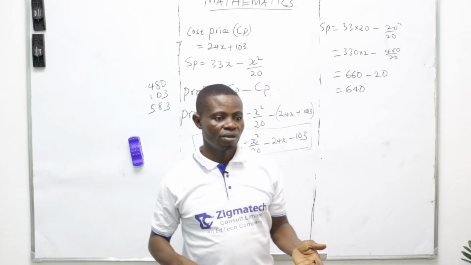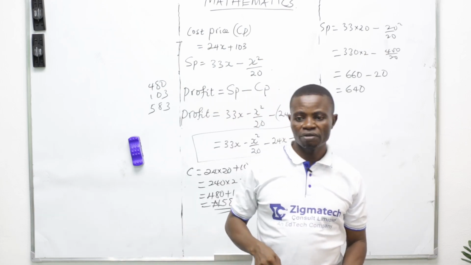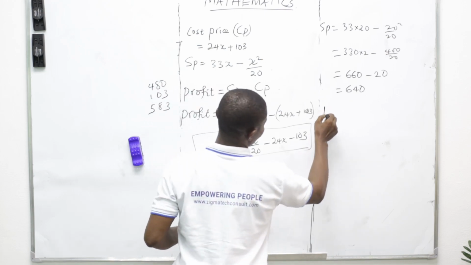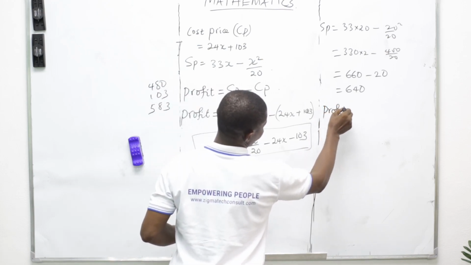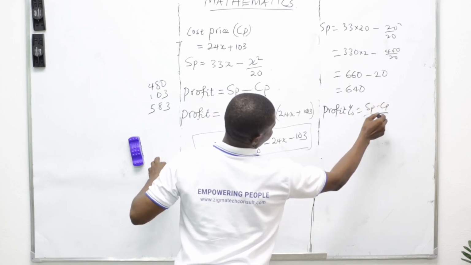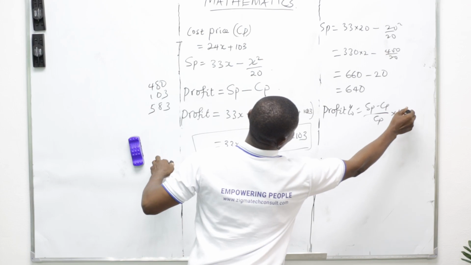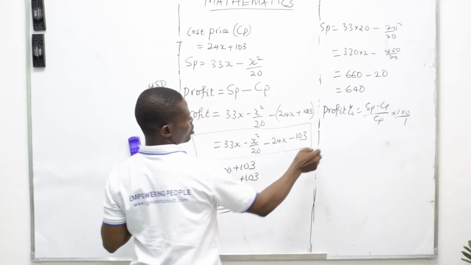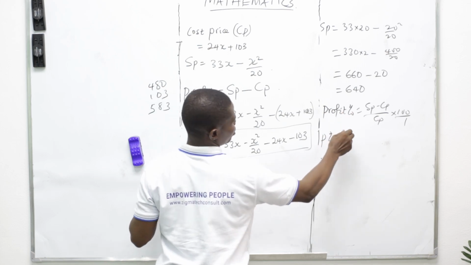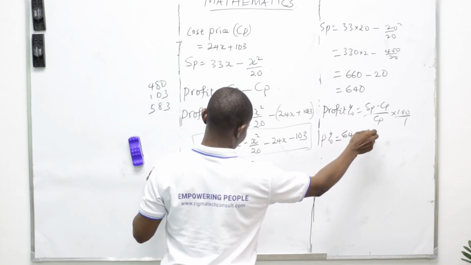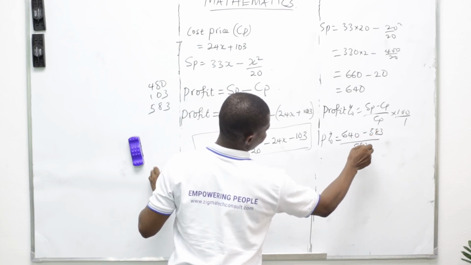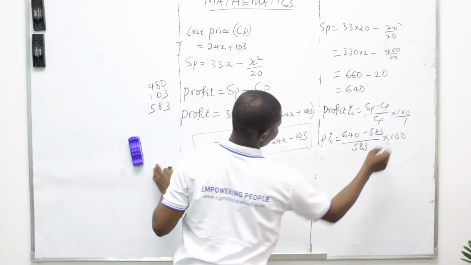Now, calculate the what? Percentage profit. You come back again. Percentage profit, profit percent equals what? SP minus CP all over CP times 100 over 1. So profit percent equals SP 640 minus CP 583 all over 583 naira times 100.